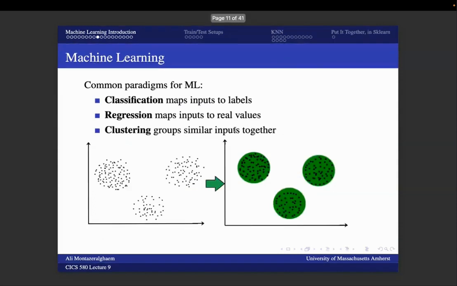And we also have another one, which is clustering. In clustering, we get some data points, and then we apply some machine learning on that to group the similar inputs together. And as you can see, we don't have any label here.